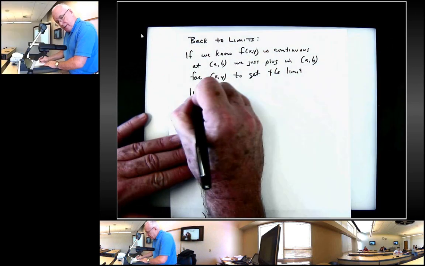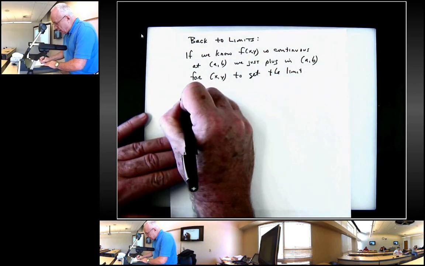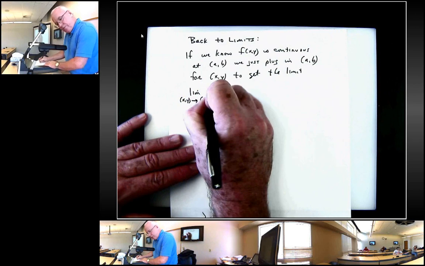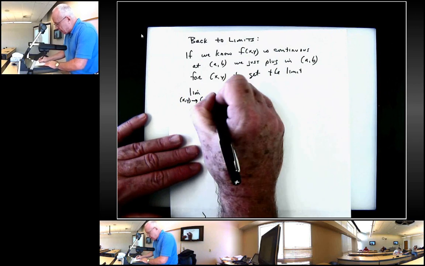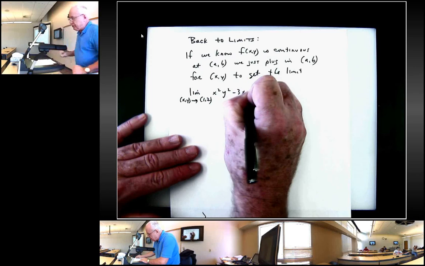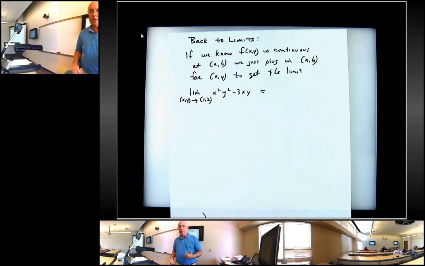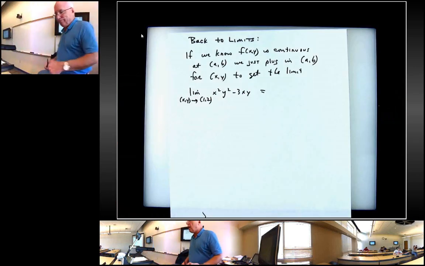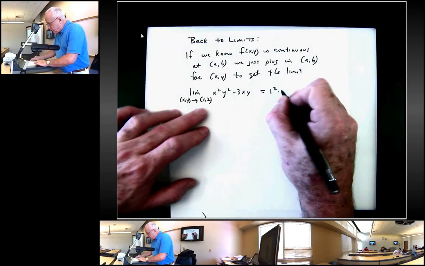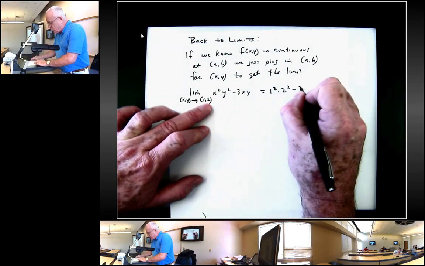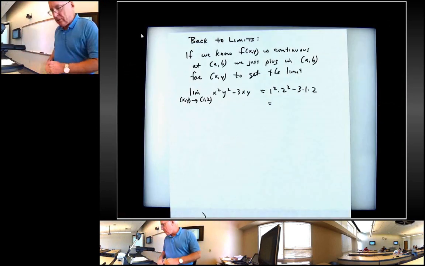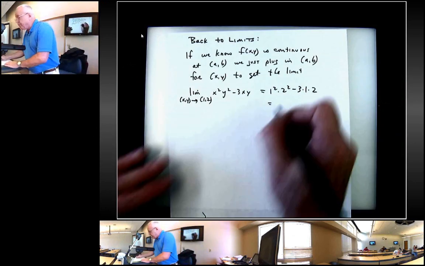The limit as x comma y approaches 1 comma 2 of, let's say, x squared y squared minus 3xy. Very simple. Just plug in 1 for x and 2 for y. So that's going to be 1 squared times 2 squared minus 3 times 1 times 2, which is 4 minus 6, which is negative 2. Very easy.